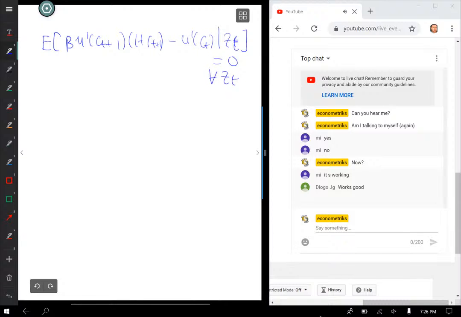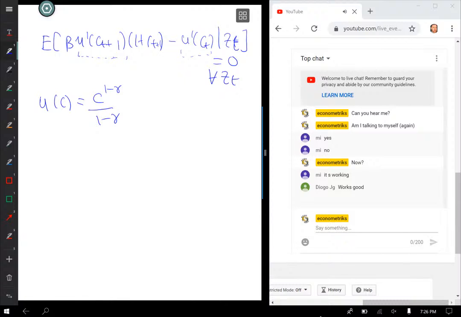I think I missed out another bit. So this is general, so then assume that u dash c is this constant relative risk aversion utility function. So in practice, we're going to have to make some assumptions on the form of this utility function so that we can then parameterize this and work it out.